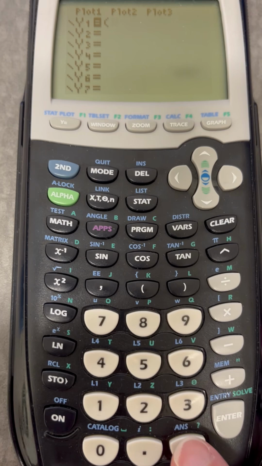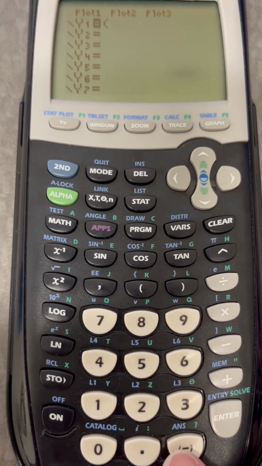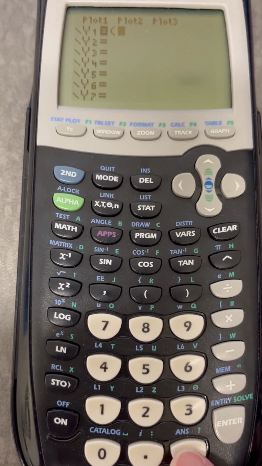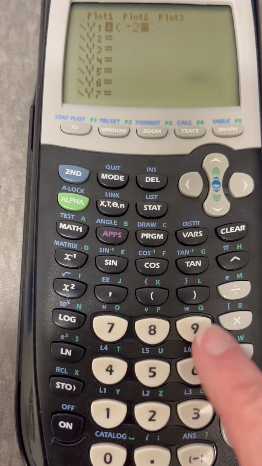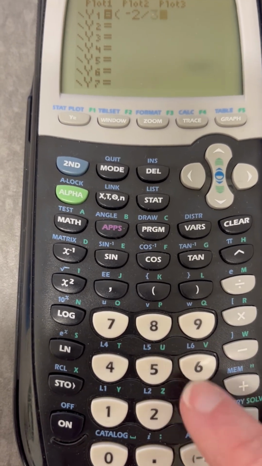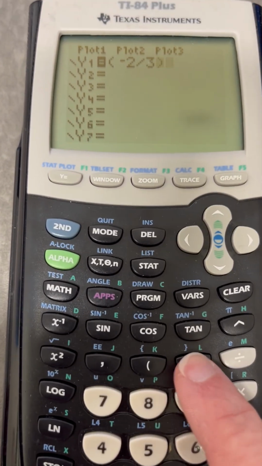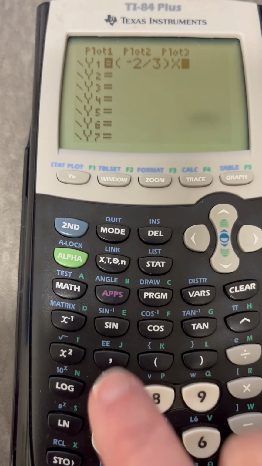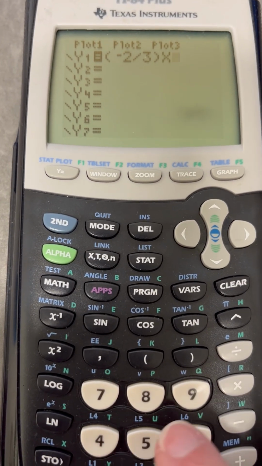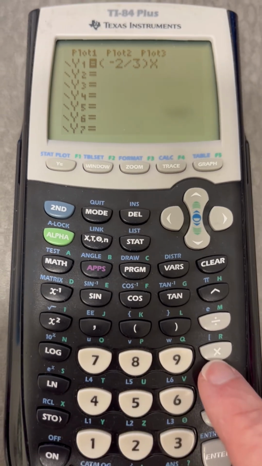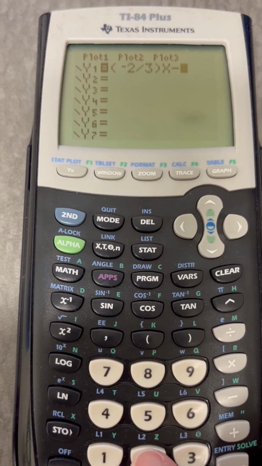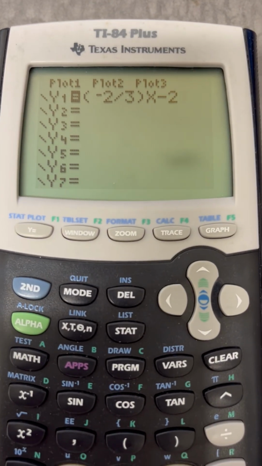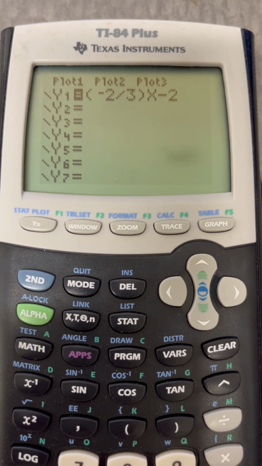Y equals, and I open my parentheses, negative is below the 3, so -2 divided by 3, because that's -2/3. Got to put my X in there, -2/3 X, and we'll say -2. So Y equals -2/3 X minus 2.